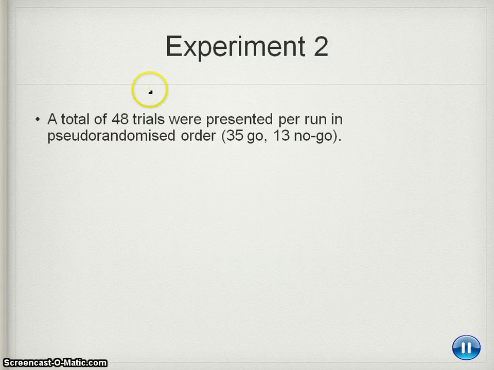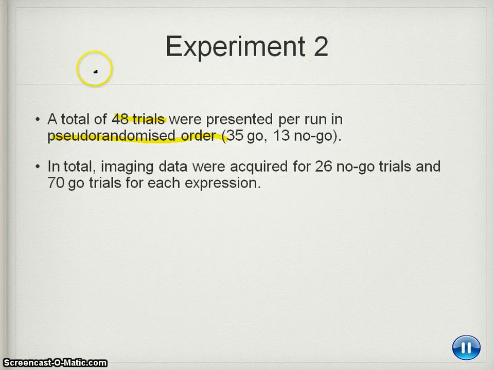A total of 48 trials were presented per run, again in a pseudo-randomized order, but they only did 48 in experiment 2. fMRI scanners are expensive to run. You probably didn't spend as long running this as in the first experiment when they were doing it at home. In total, imaging data was required for 26 no-go trials and 70 go trials.